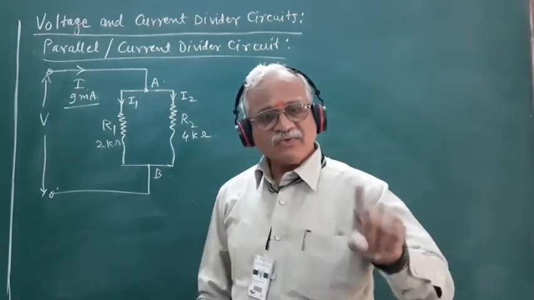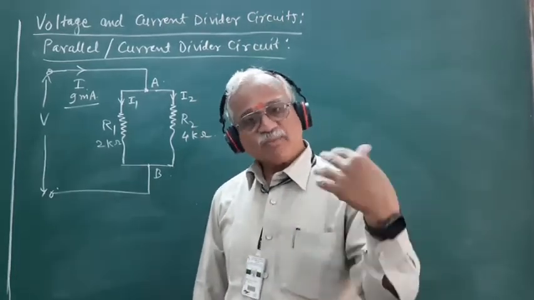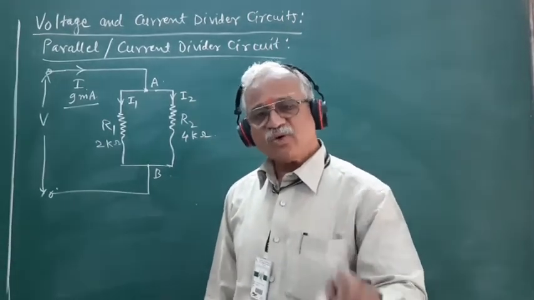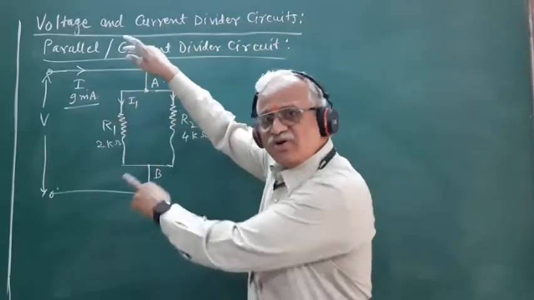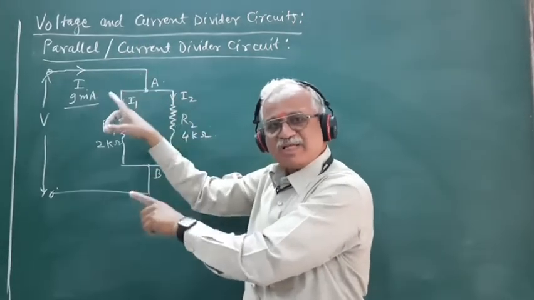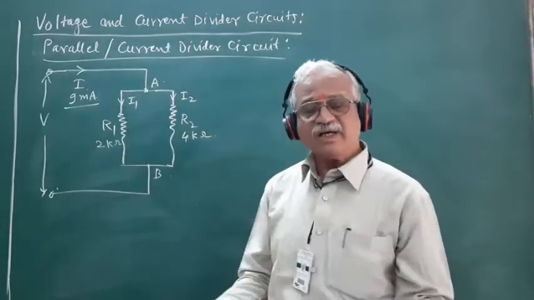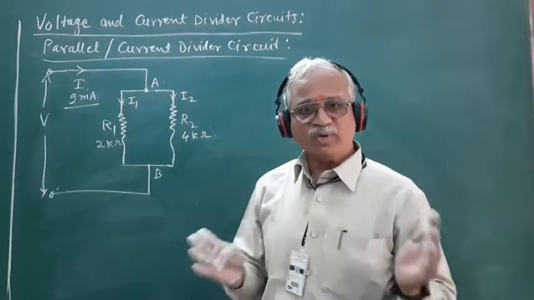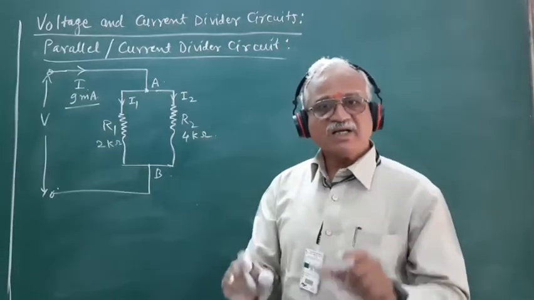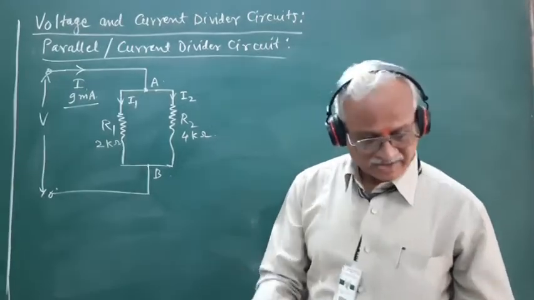In case of series circuit, we have seen that the currents flowing through all the resistors remain the same, whereas the potential drops across the resistors in series are different. Whereas in case of the parallel circuit, the potential drop across the two ends of this parallel combination remains the same as the applied voltage. Depending on the value of the resistance, the currents through each resistor are going to be different. For this reason, such a circuit is called a current divider circuit.